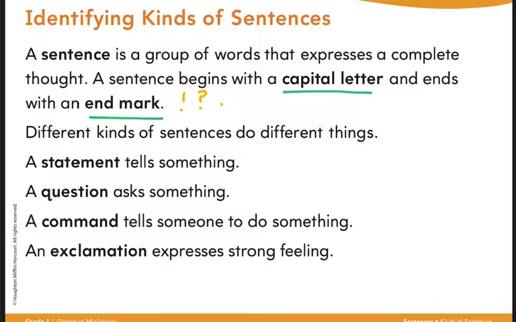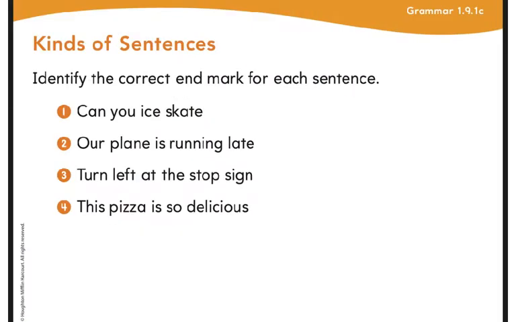Okay, the other thing we need to remember is these 4 different kinds of sentences. A statement tells something. A question asks something. A command tells someone to do something. And an exclamation expresses strong feelings. Okay, so let's see if we can figure out what these 4 sentences are.